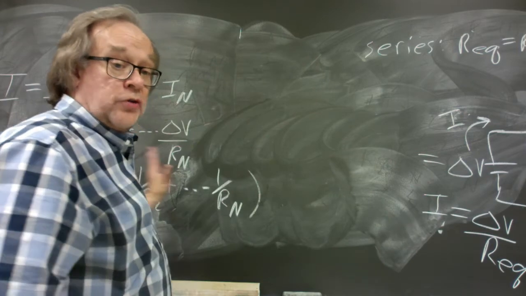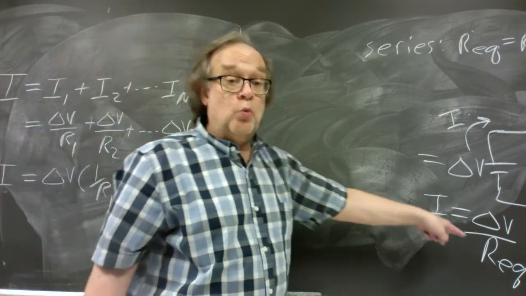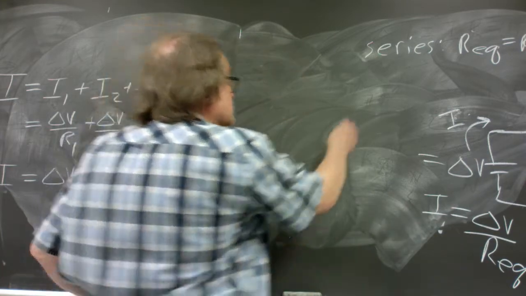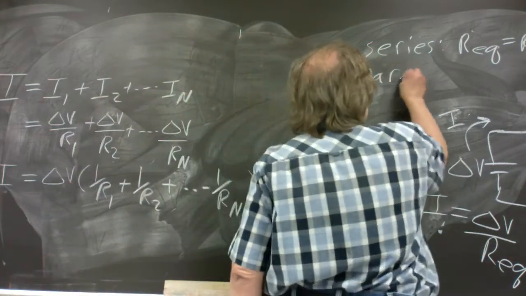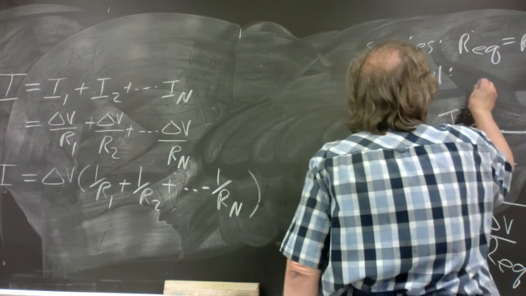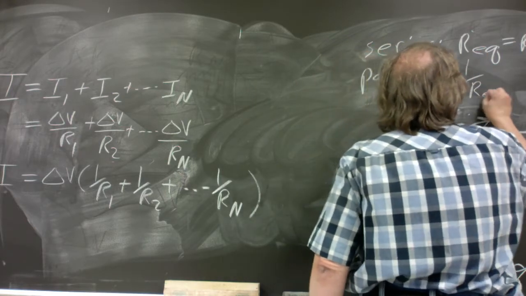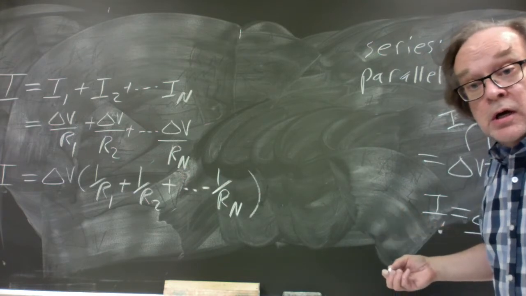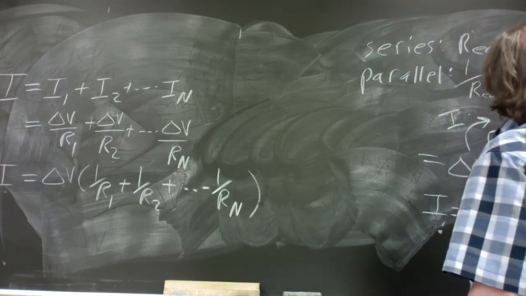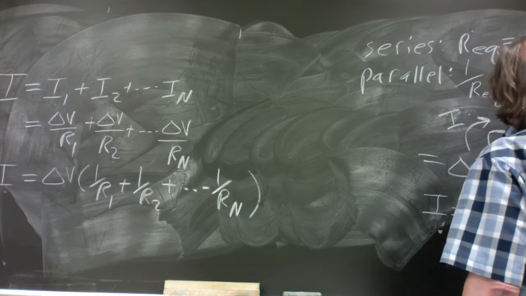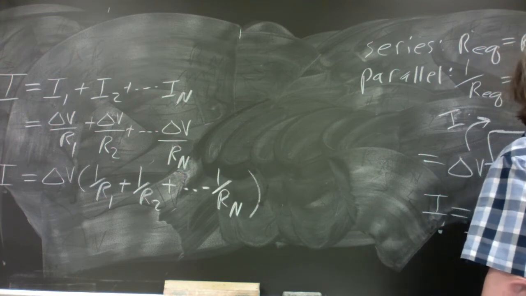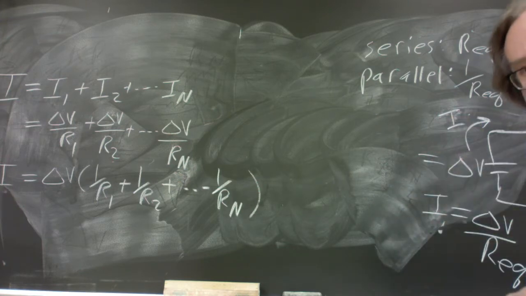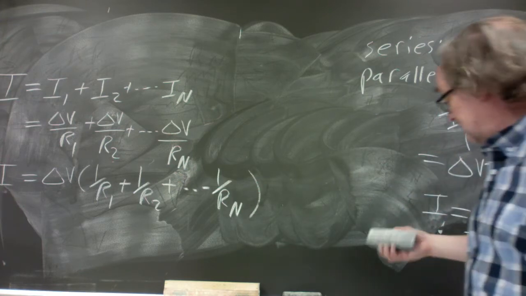So, in other words, all this stuff is the same as 1 over equivalent resistance. One over equivalent resistance is just the sum of the inverses: 1 over R1 plus 1 over R2 plus etc. 1 over Rn. And so that can be kind of a complicated calculation sometimes.